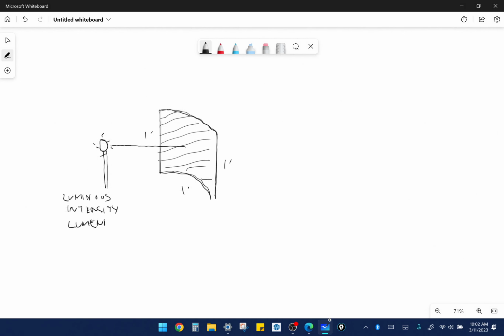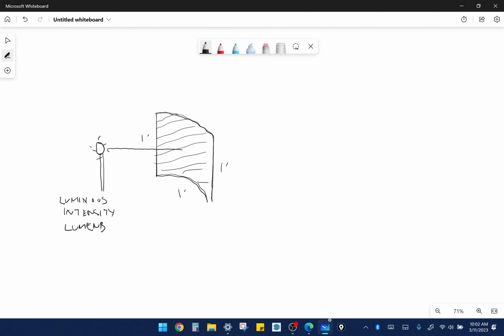So it's in lumens. But when we get here, this is now illumination. And it's lumens per square foot, or foot candles. Kind of makes sense because we're a foot away from the candle, so it's a foot candle.